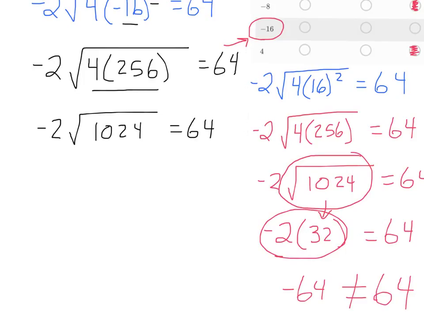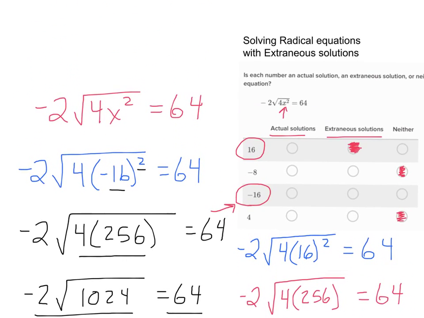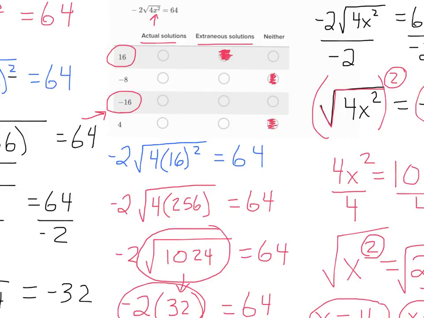Then I divide by negative 2 on both sides, so the square root of 1,024 must equal negative 32. I take the square root of 1,024, and it gives me 32 equals negative 32, which is not true. So according to this, negative 16 is also an extraneous solution.